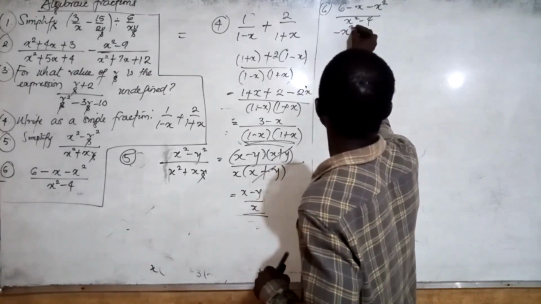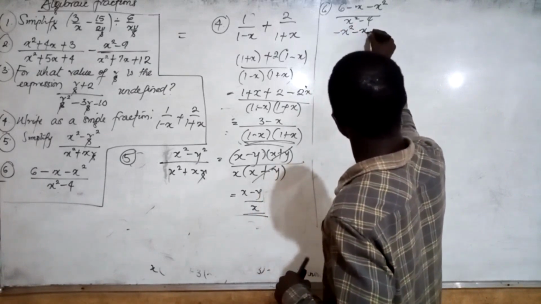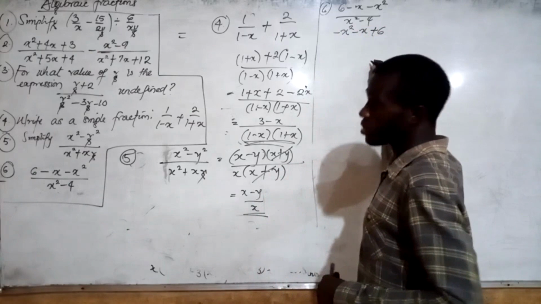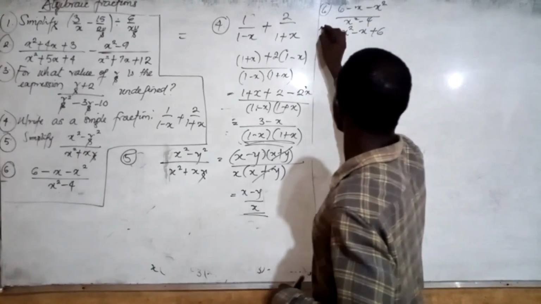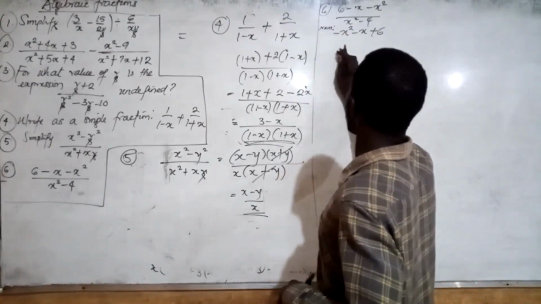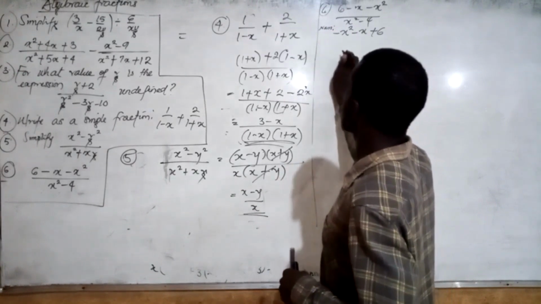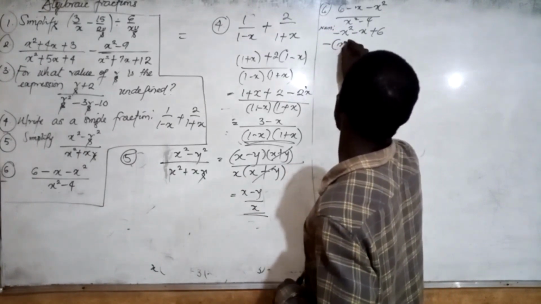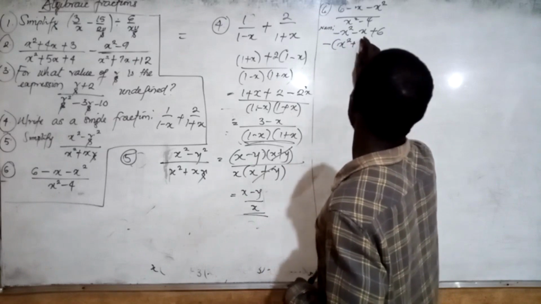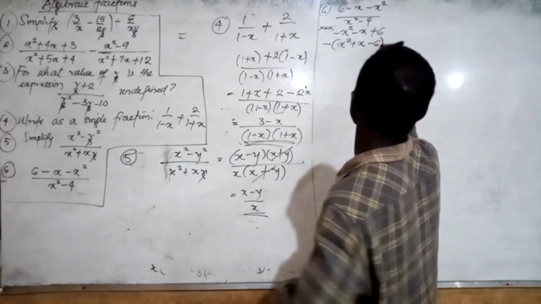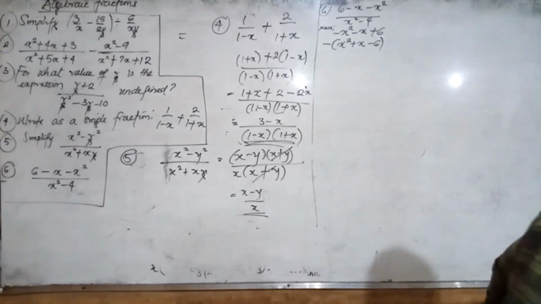We have minus x squared minus x plus 6. Alright, so let's take this as the numerator first. What we can also do is to factor out minus. If we factor out minus, we have minus, x squared plus x minus 6.